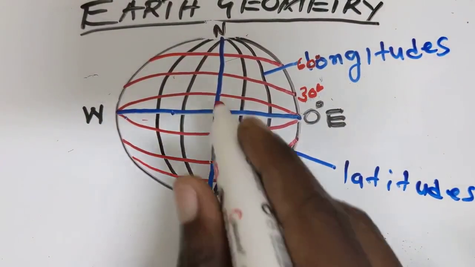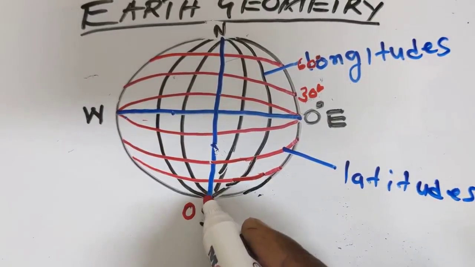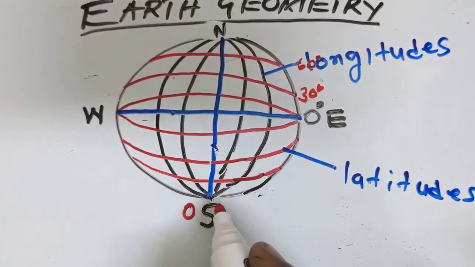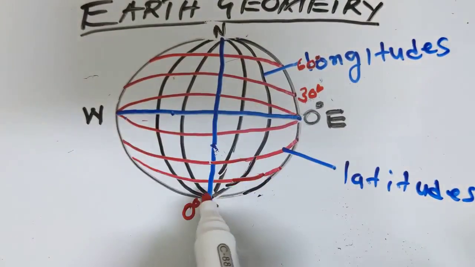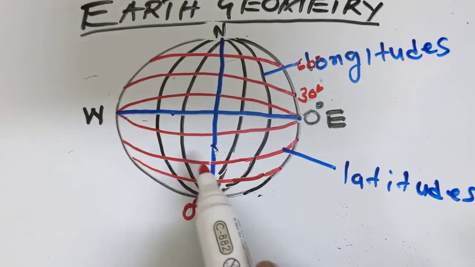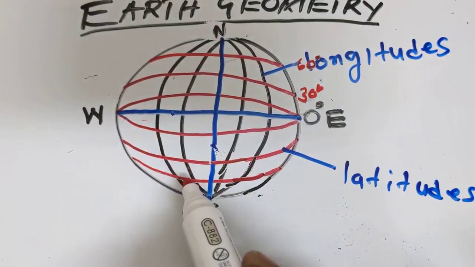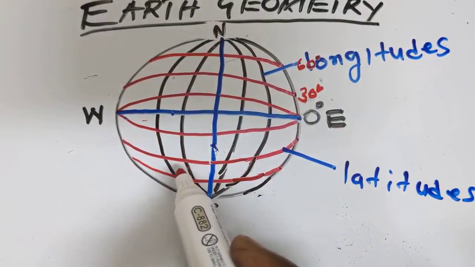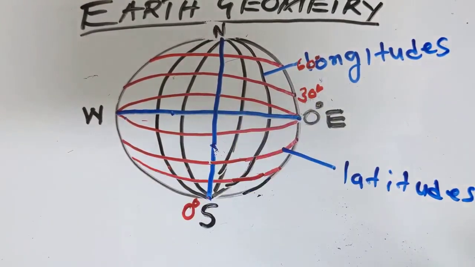Also here, this line I said is the Greenwich meridian. So this is also 0 degrees. When it is going this side, it is in the longitudes. So this one might be 30 degrees, let's say 60.